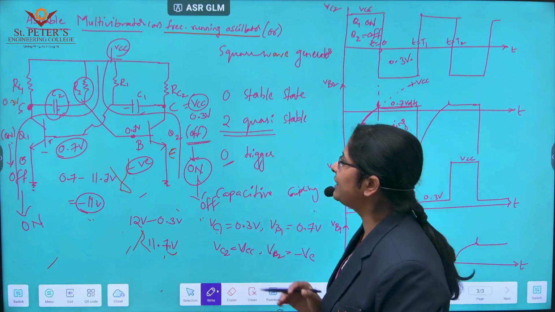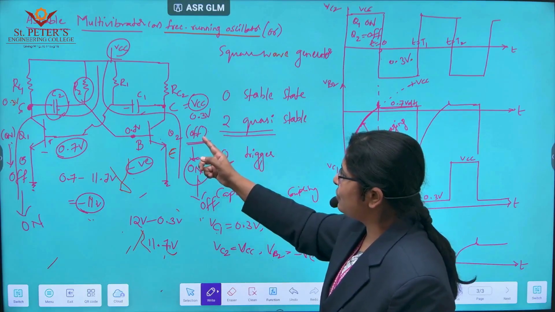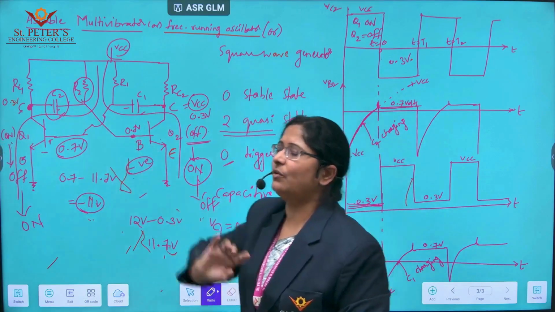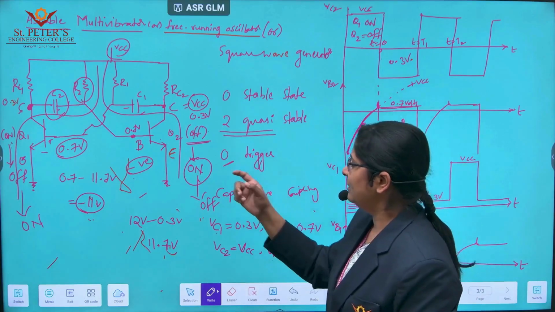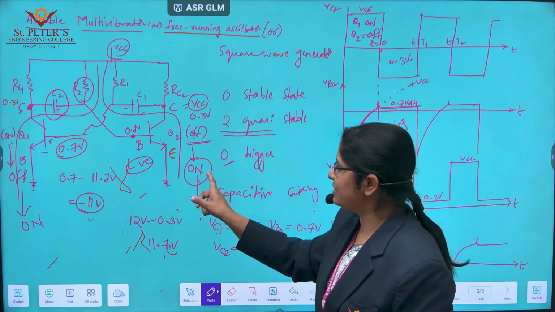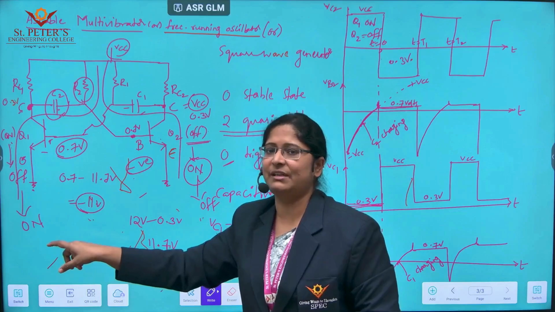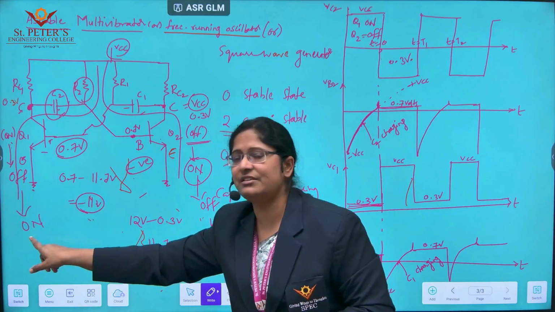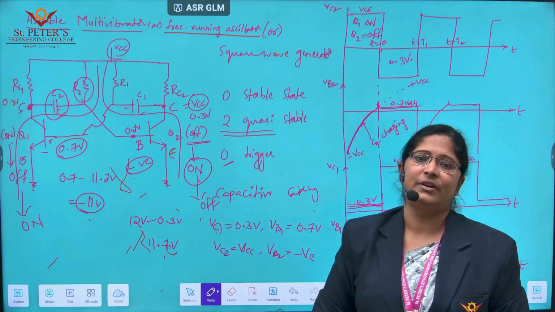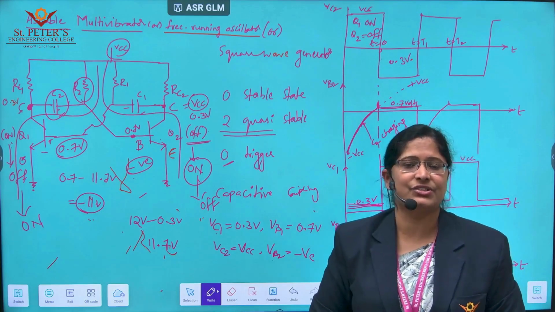If you clearly try to understand, initially we assumed off, on. Without applying any external trigger, the state changed to on, off. After some time again it changed: this has changed to on, this has changed to off. Twice the multivibrator is changing its state.